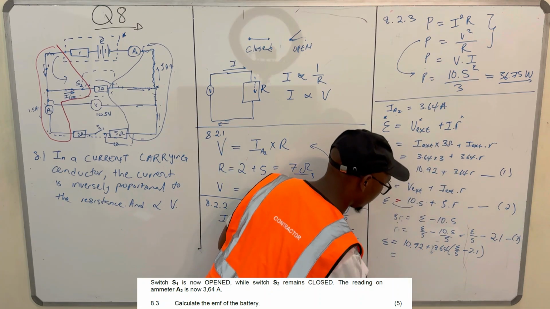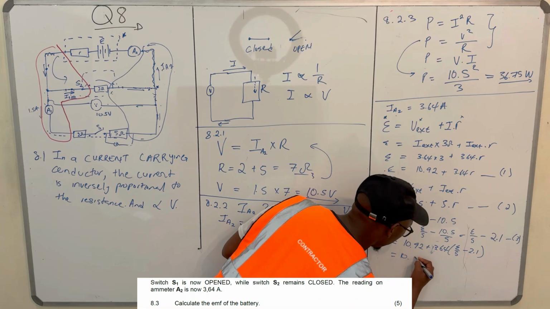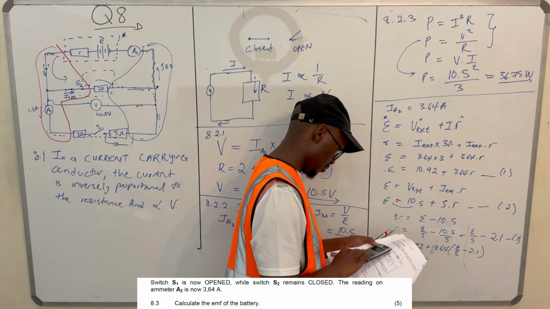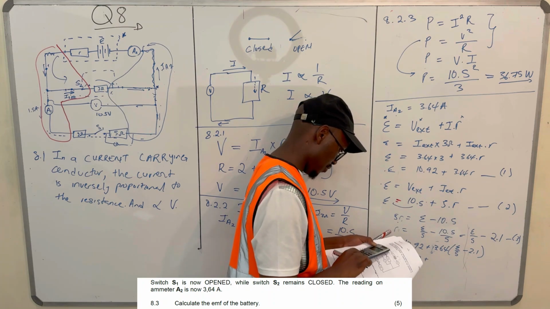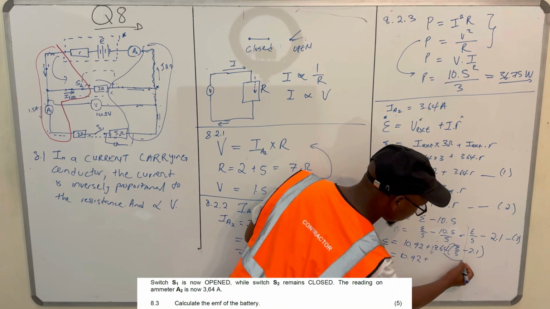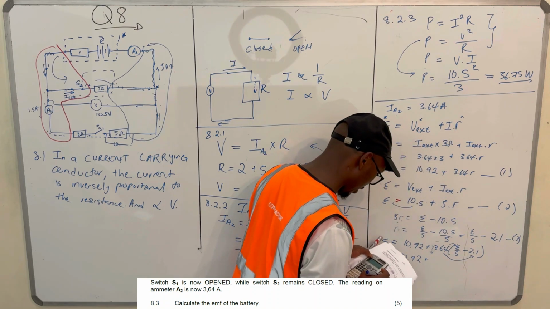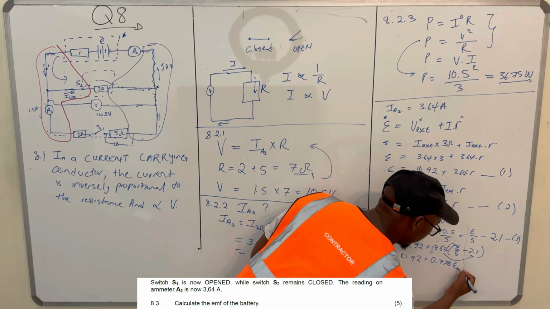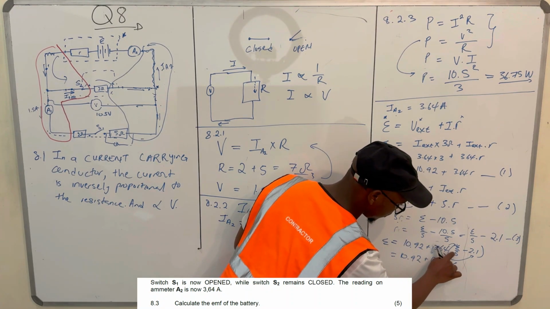To solve this, let's go: 10.92 plus 3.64 multiplied by this one, 3.64 multiplied by that one. And that is going to give you 0.728 E when you multiply this by this one.